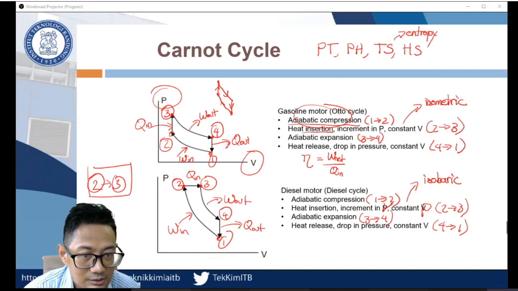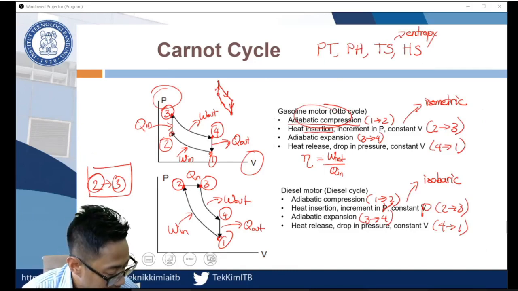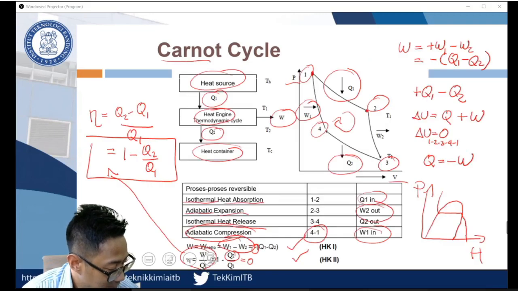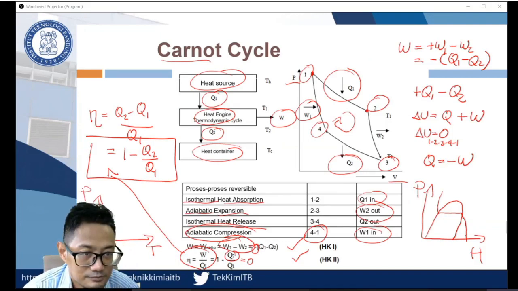For example, in this Carnot cycle, let's draw it in a PT diagram. So pressure and temperature instead of pressure and volume.